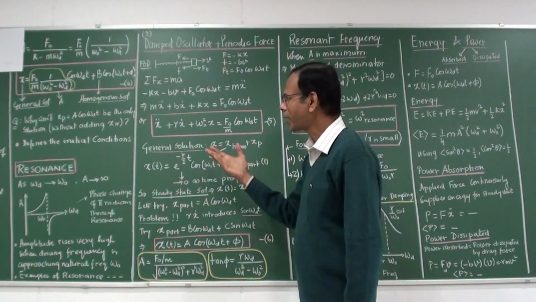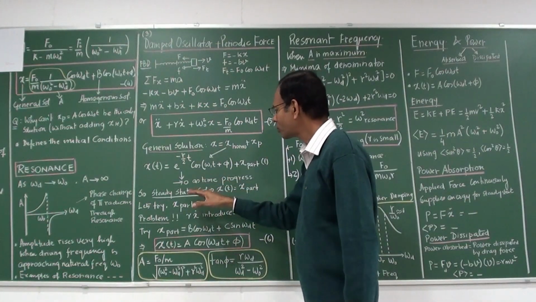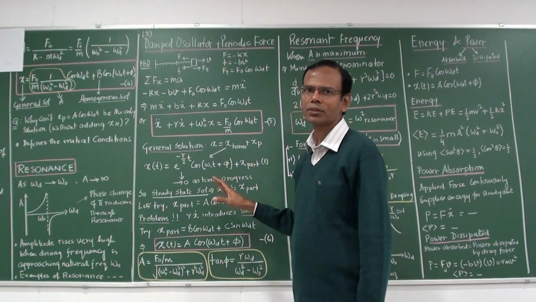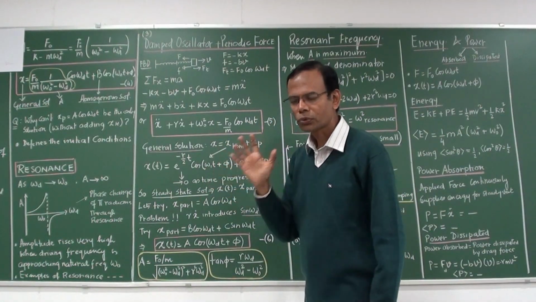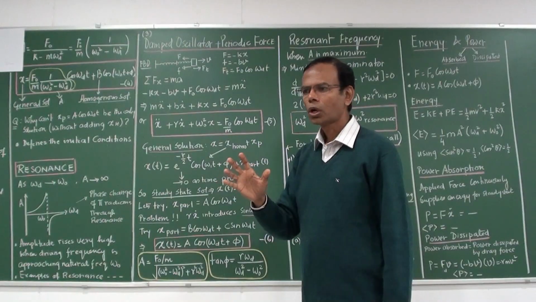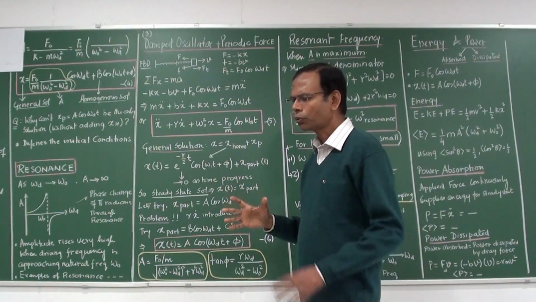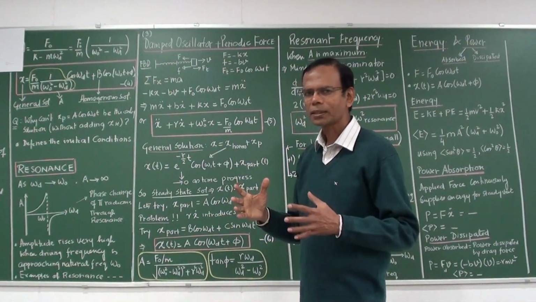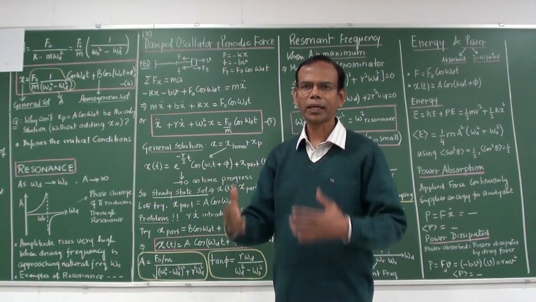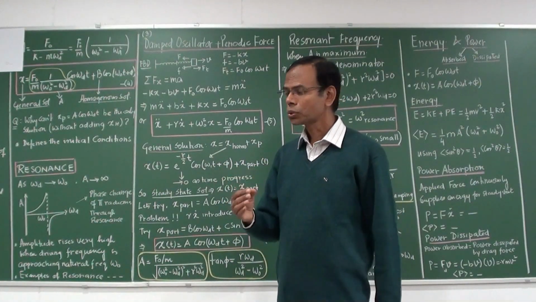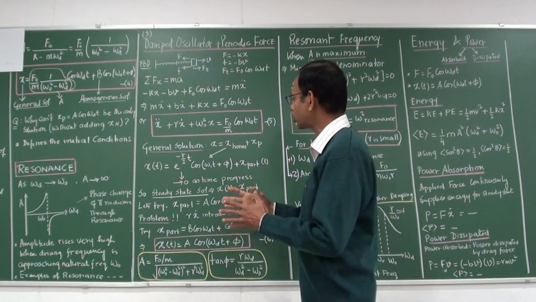Someplace we have done the full solution, like the earlier case. Here we are interested in the steady state solution because the force is acting as a periodic force. When some periodic force is working continuously, we want to see the behavior of the system after a good amount of time t, not initially. Initially there will be some damping and that will die out.